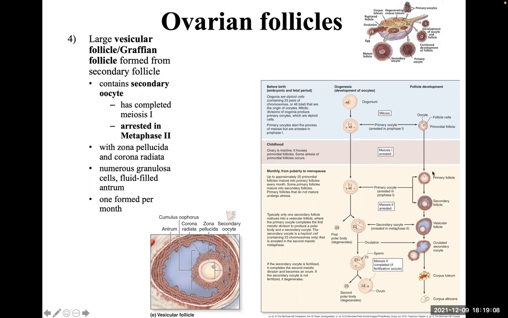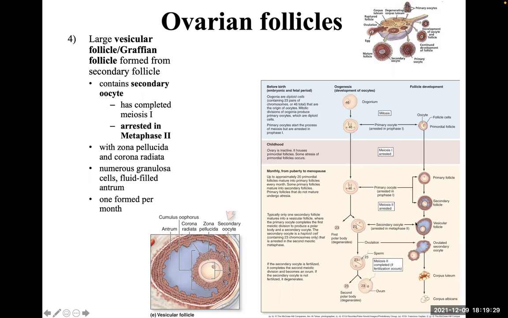So a small handful of the primary follicles will then develop into secondary follicles. Again, still a primary oocyte, still in prophase 1. And then just a small handful, let's say 4 of these, develop or mature into the vesicular or Graafian follicular stage.